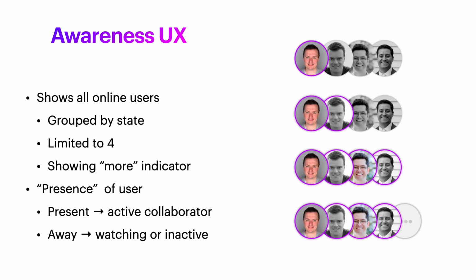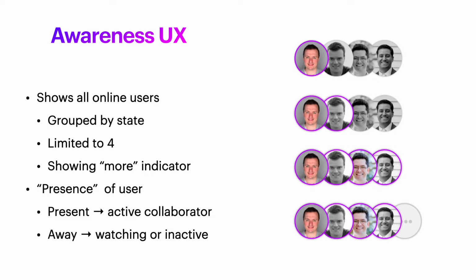As you can see, there are 4 users currently online, but only one of them has this purple border color. That means we only have one user who is actively working on that document, and the 3 others are either spectating or have just switched to another tab or another window and are not paying close attention to that issue anymore.